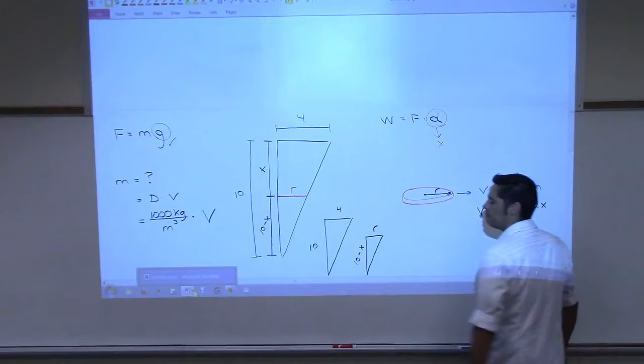We have a funnel cone-ish looking thing. It's a container, and it's going to hold water for us, okay? And let me give you the dimensions of this thing. It's 10 meters tall, so a pretty tall container. It has a radius here of 4 meters.